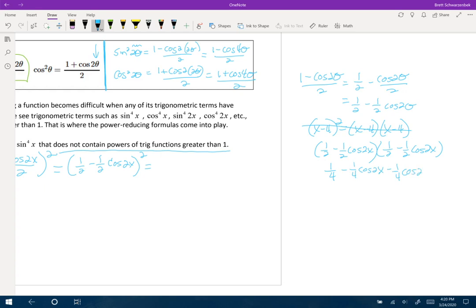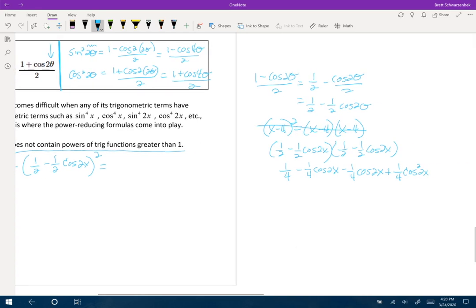And then last, we're going to get a half squared, which is a quarter, and cosine 2x squared, which is cosine squared 2x. So finally, we're going to get a 4th. The 2 middle terms, a 4th and a 4th, make a half, so minus 1/2 cosine 2x, and our last term is plus 1/4 cosine squared 2x.